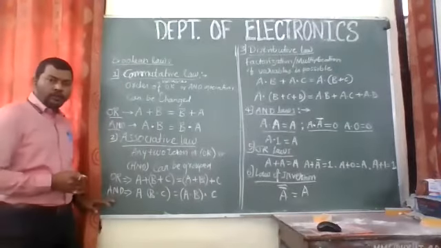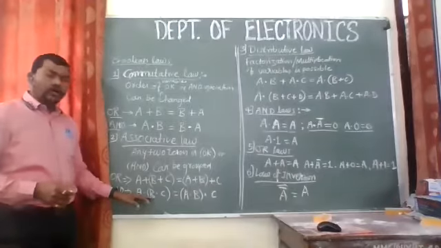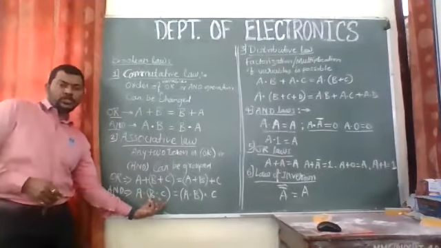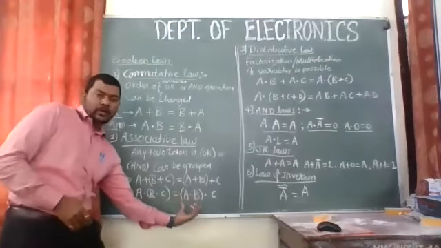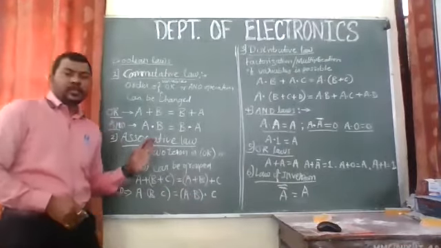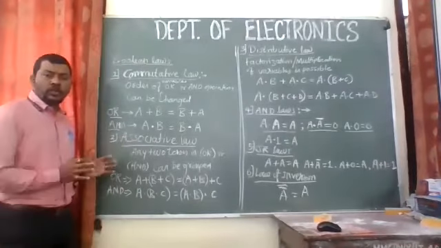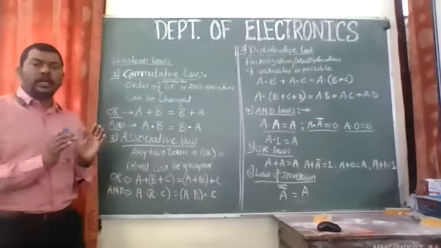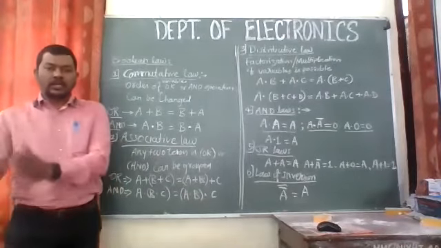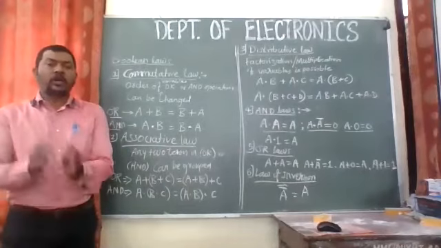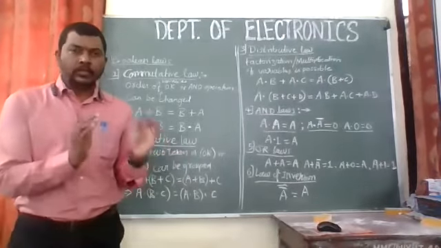In the AND operation, we take A dot B dot C. So B dot C is being grouped, and it can be written as A dot B grouped, dot C, right? So this is the associative law. Associative law means any two terms, any two variables in an equation, in sum or in AND operation, can be grouped, right?